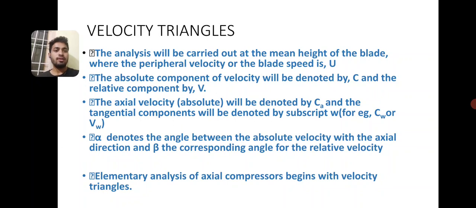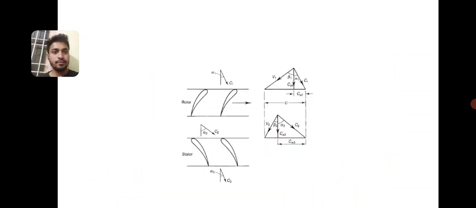Alpha denotes the angle between the absolute velocity and the axial direction, and beta the corresponding angle for the relative velocity. Elementary analysis of axial compressors begins with velocity triangles.